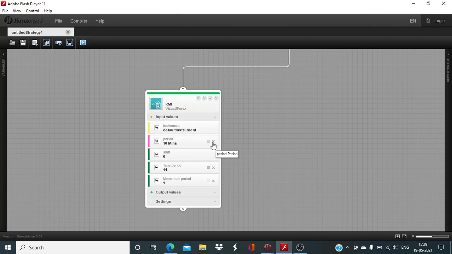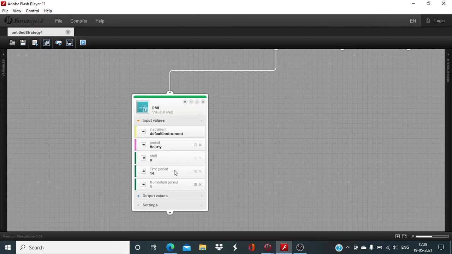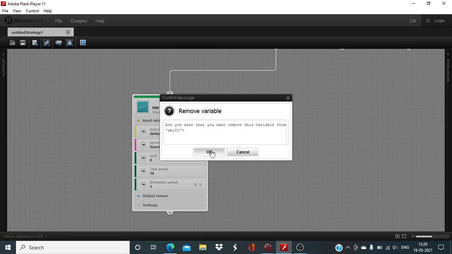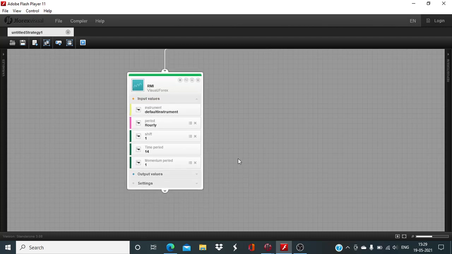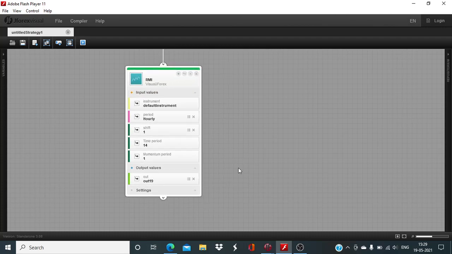This I will change to hourly time period, and we will need the look back period of 1, and then we can use these output value.